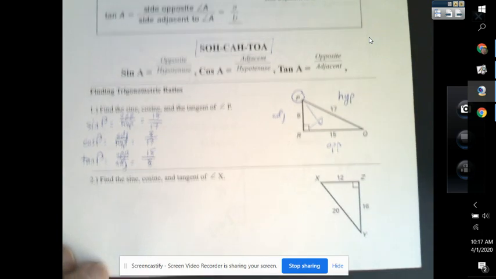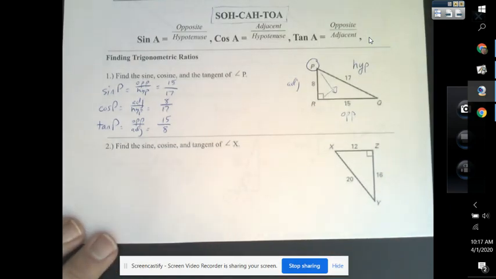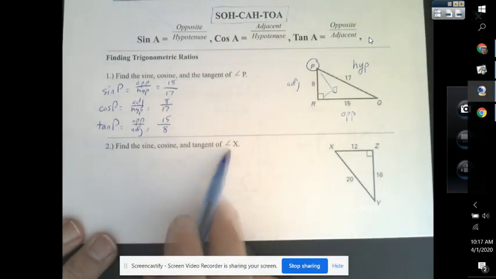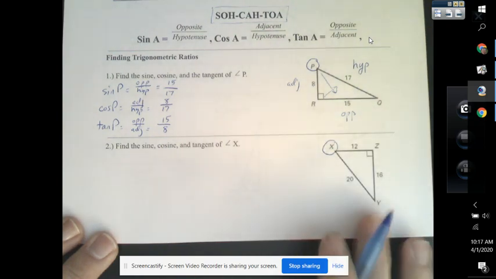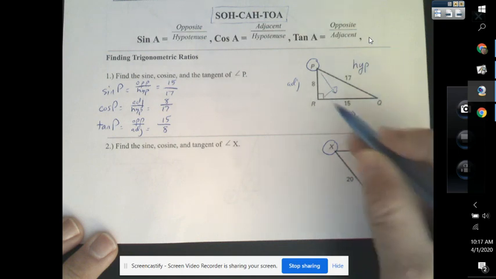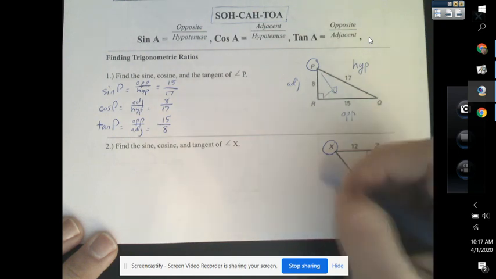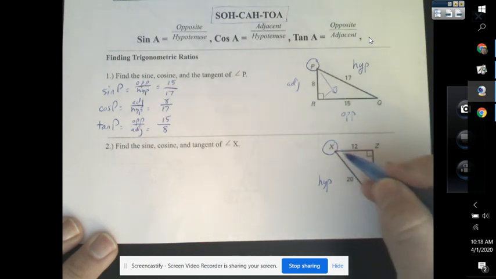So I'm going to show you guys one more example, which adds one little extra thing to it. Nothing too big. Angle is X. Circle it. Every time, when we're talking about trig, you label opposite, adjacent, hypotenuse. Here's my right angle. Notice it's changed. Go across from it. There's my hypotenuse. Find your angle. Go across.